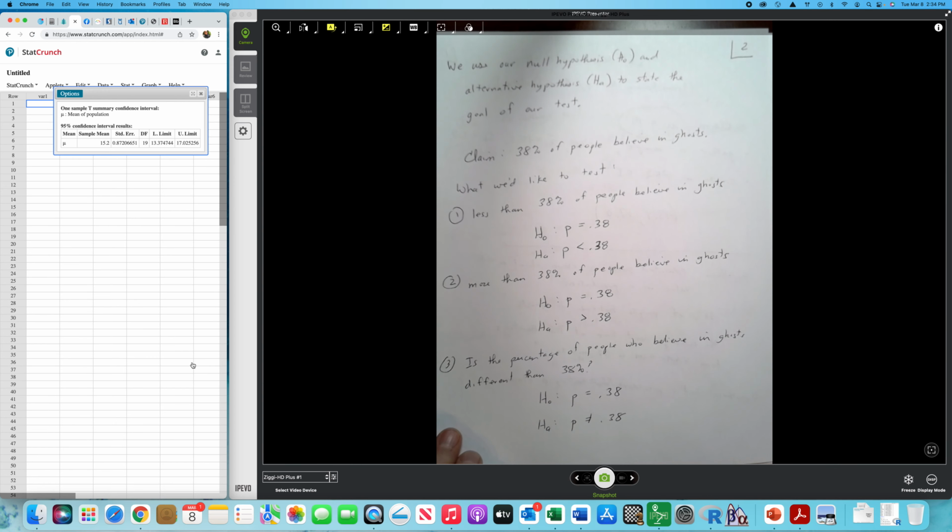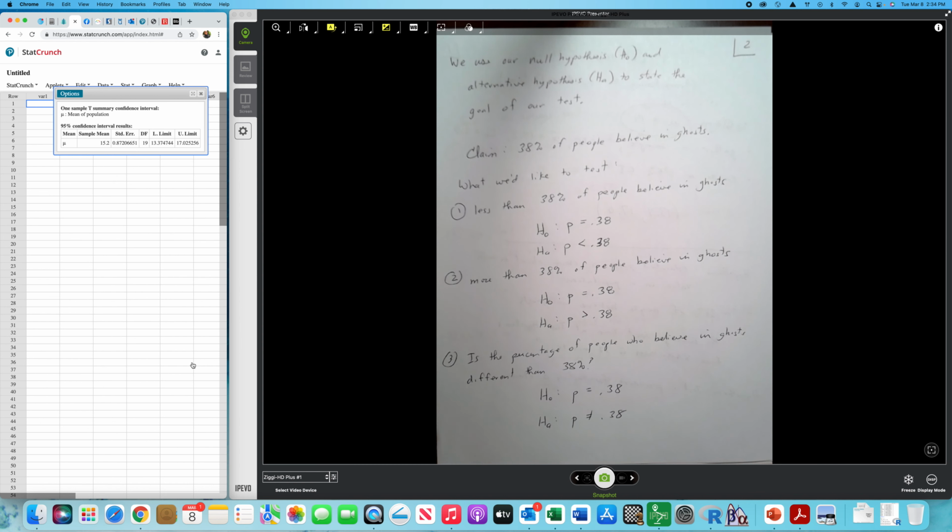Now, to provide structure to our hypothesis test, we create these things called a null hypothesis and an alternative hypothesis.